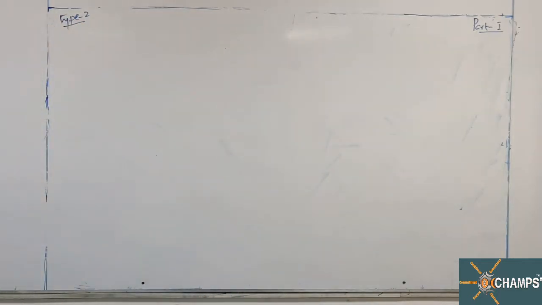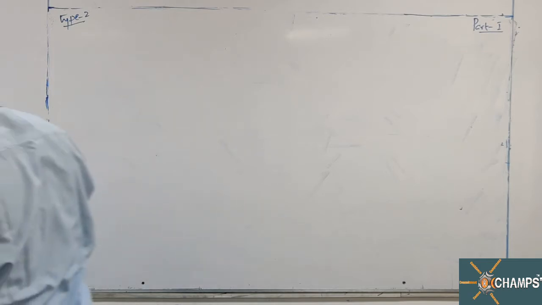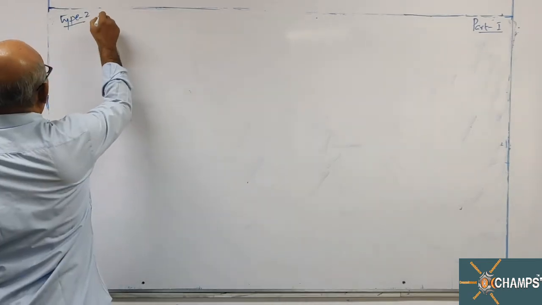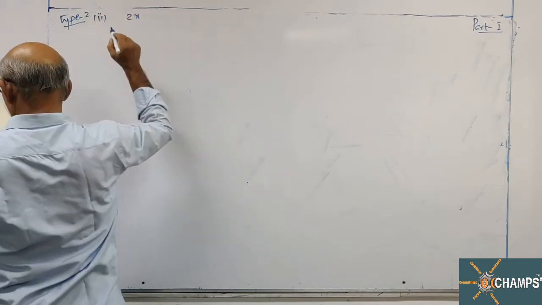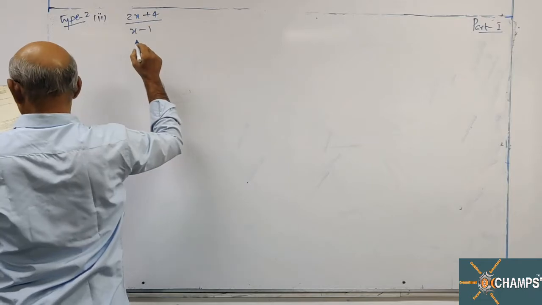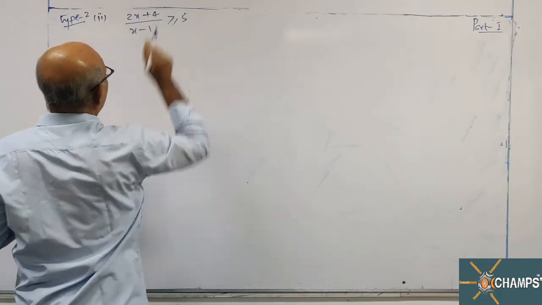Let's see one more question. 2x plus 4 divided by x minus 1 greater than or equal to 5.